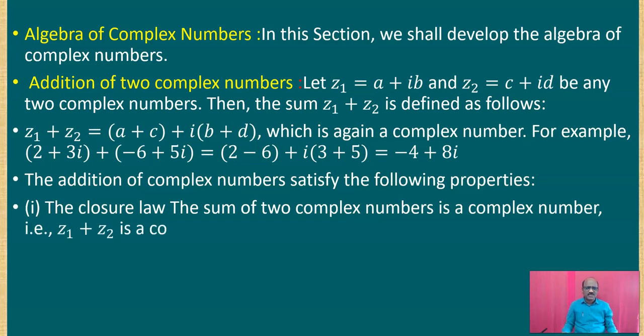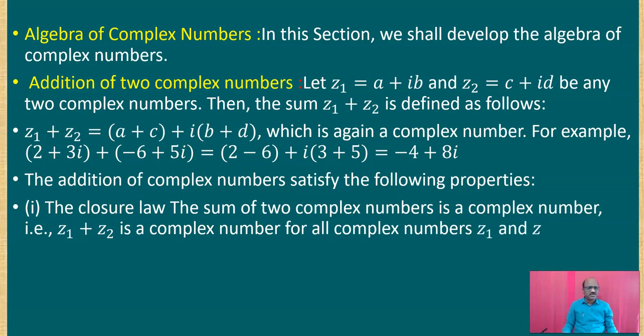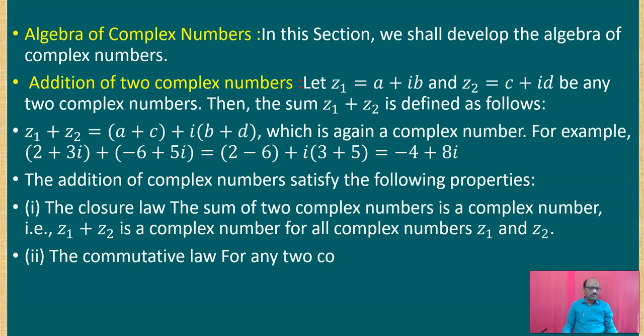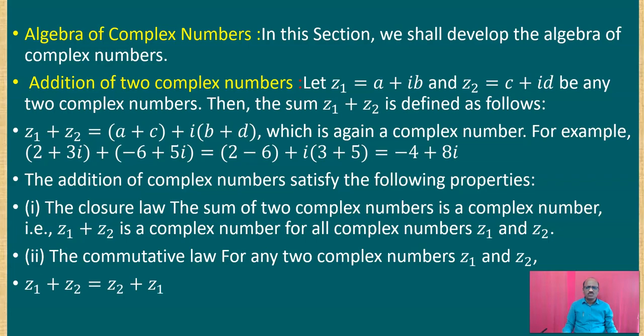That is, z1 plus z2 is a complex number for all complex numbers z1 and z2. Next is the commutative law. For any two complex numbers z1 and z2, z1 plus z2 is equal to z2 plus z1.